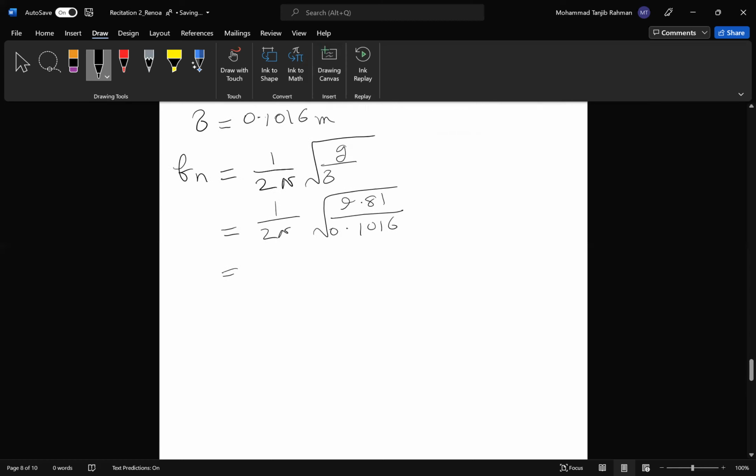And so the frequency would be 1.56 hertz.